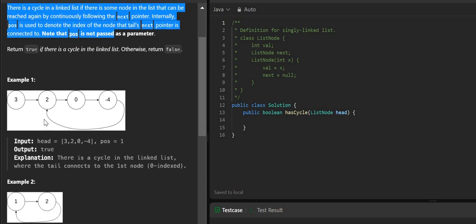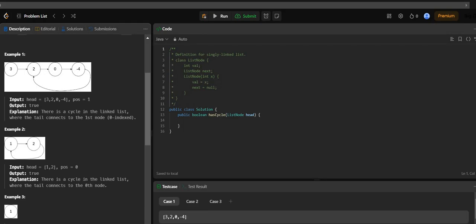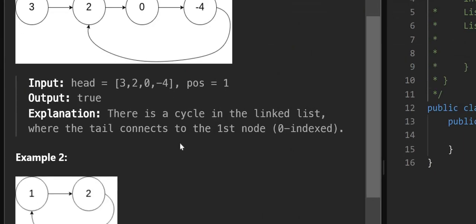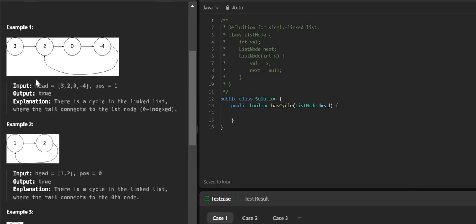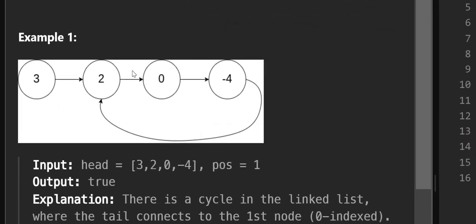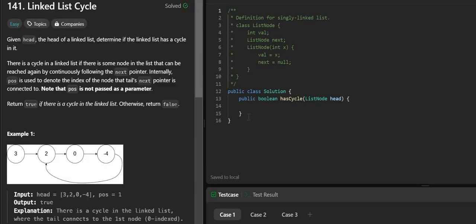And we want to check whether the loop is there or not in the linked list. So first I am taking slow pointer equal to head, and fast pointer equal to head. Initially they are at the same point, head.